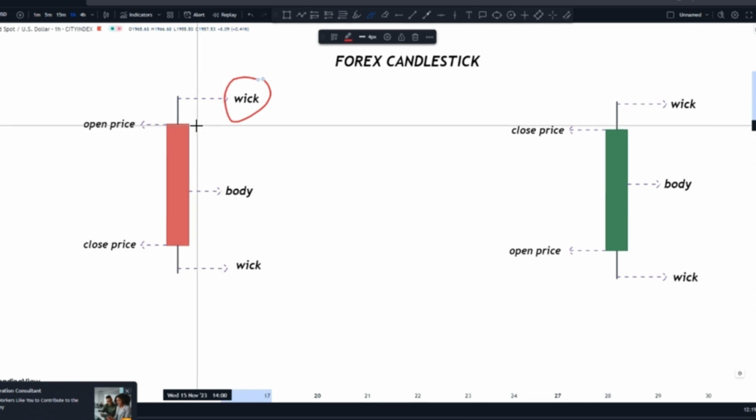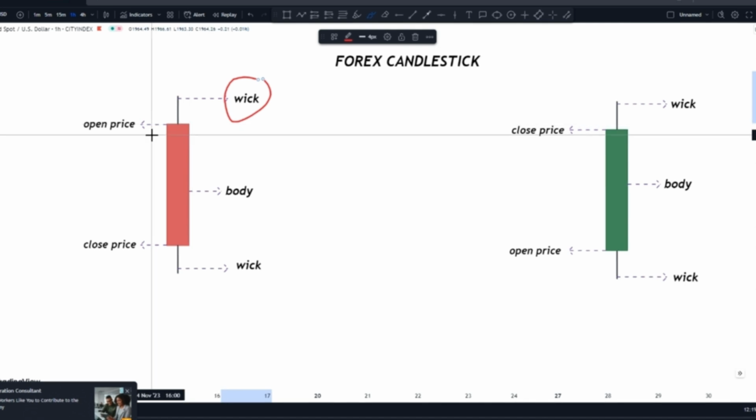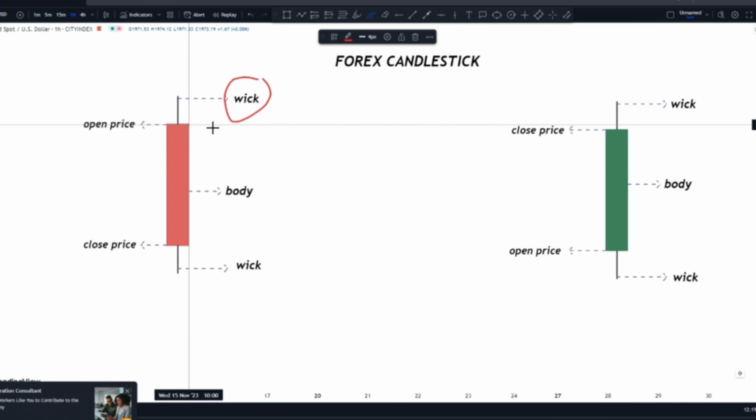So what happens here is that this price opened at this area and then closed here. What this wick means is that at a point in time, price went up to this area and then came down before closing down here. And when it got here also, it went all the way down here at a point in time before reversing to the upside to close.